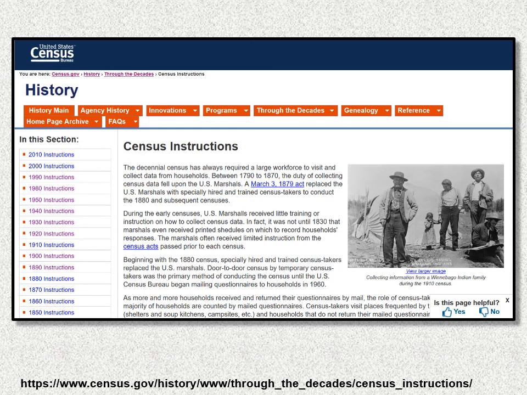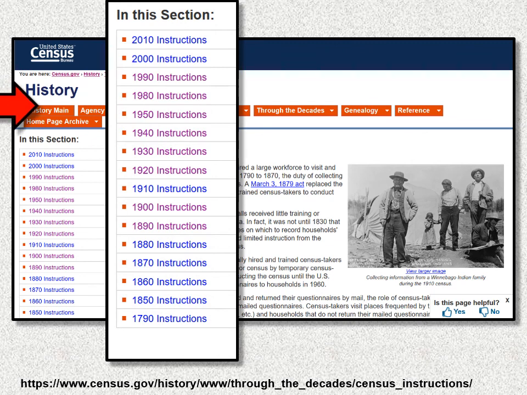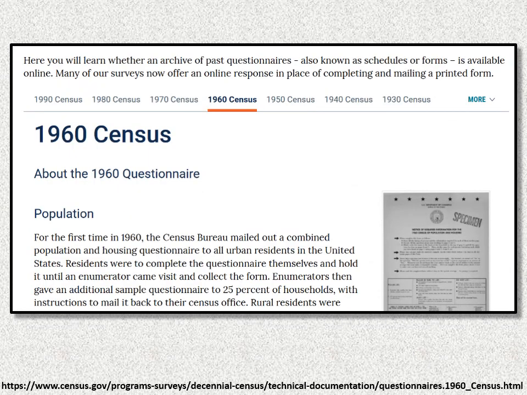Now, I know this is a long one, but this is the only one I'm going to be doing on 1960 for a long period of time. And I'll tell you that the Census Bureau has online instructions that enumerators got. However, they're missing 1960 and 1970. Instead, what the Census Bureau does is tell you in detail what respondents were given, what questions they were asked, what directions they were given.